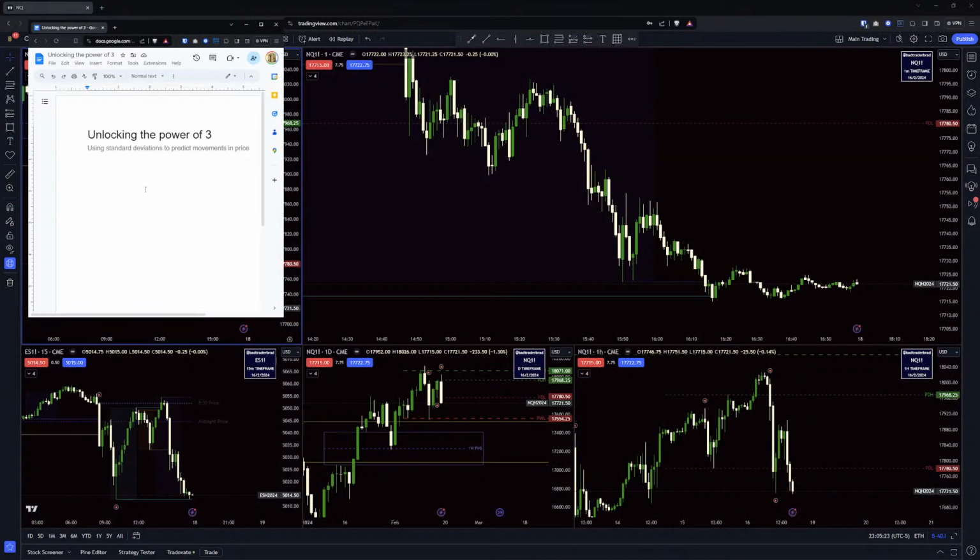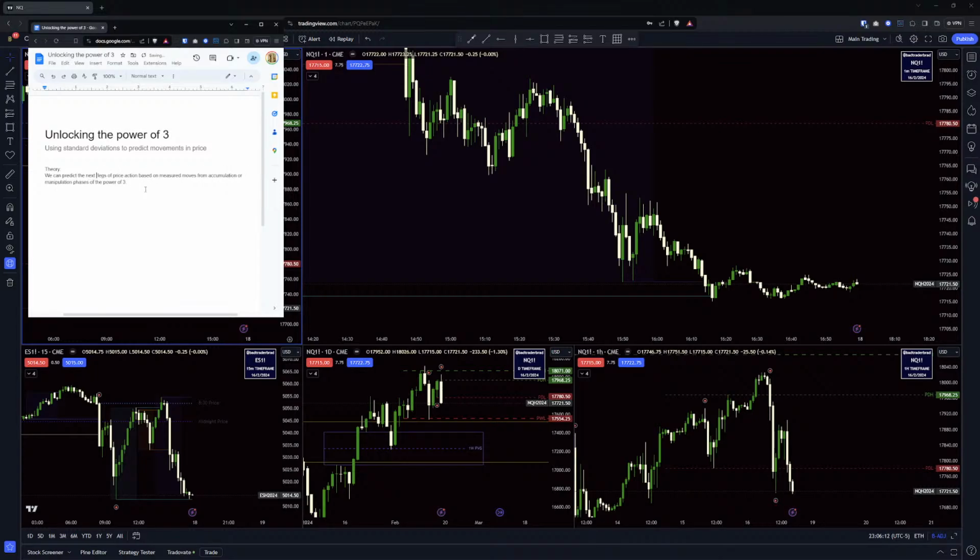The theory is we can predict the next one or two legs of price action based on measured moves from, I'm going to say, accumulation or manipulation phases of the power of 3.